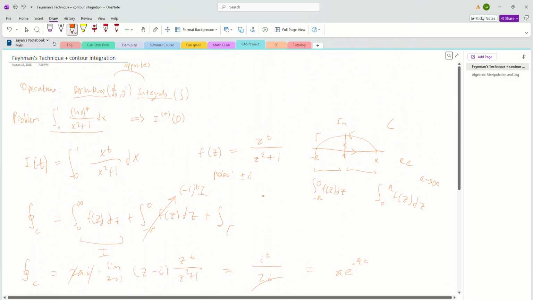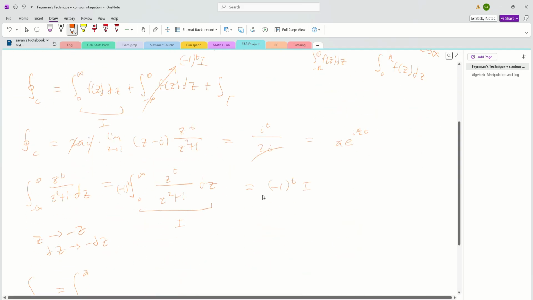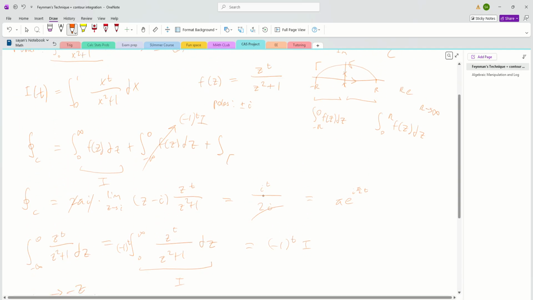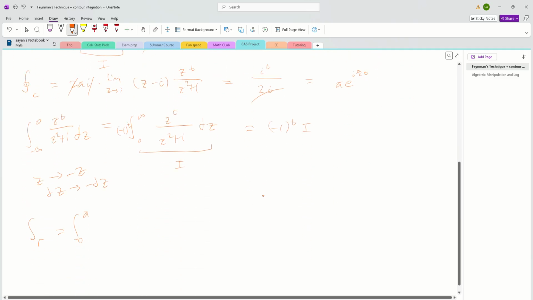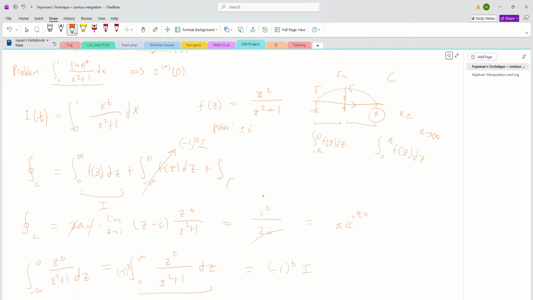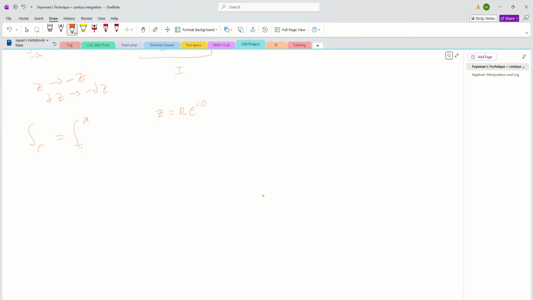And we have to parametrize this as well, because this is like a line integral. If you guys have not dealt with line integrals, I mean, I actually haven't. I don't fully understand how this works. I just sort of know the methodology, I guess you could say. But yeah, it's going from 0 to pi, and we're going to say that z is going to be parametrized as r, our r over here, e to the i theta.